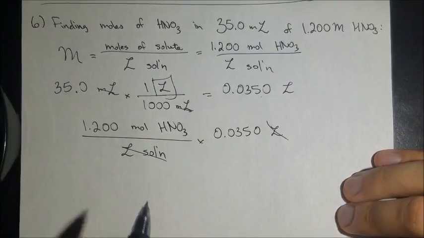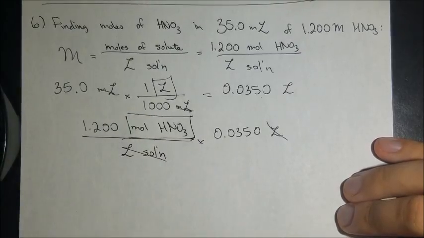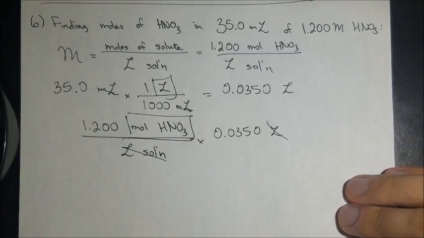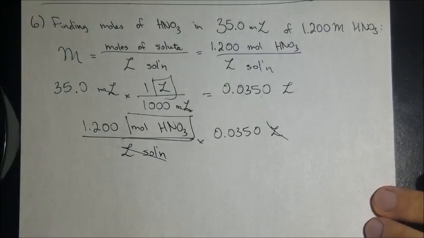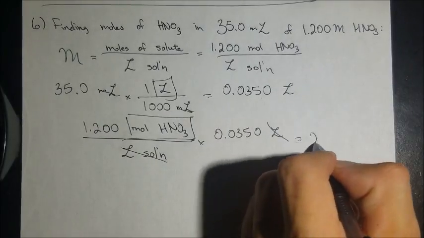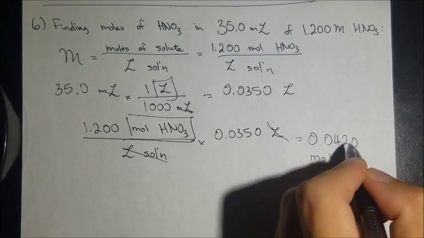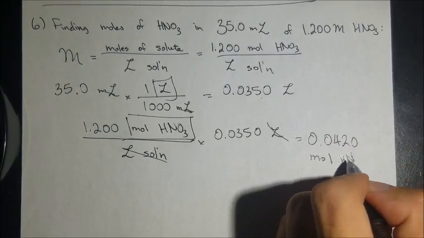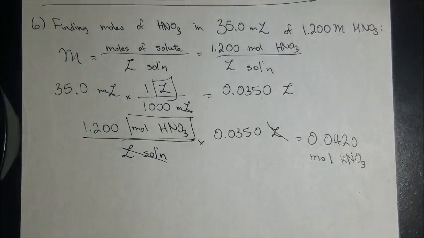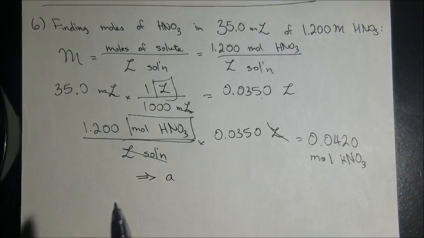So my liters here are going to cancel, and lo and behold, I am left with units of moles of nitric acid. If I were to just run this through my calculator, I would find that 1.2 times 0.035 gives me 0.0420 moles of nitric acid. So that would be A, and A is indeed the correct answer.